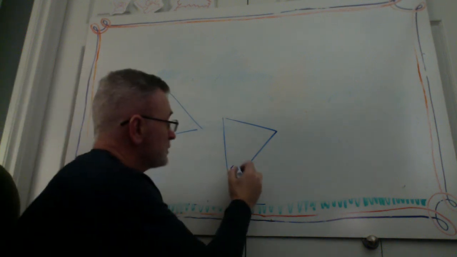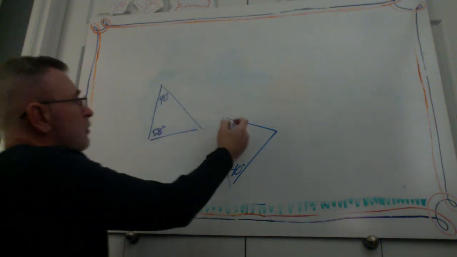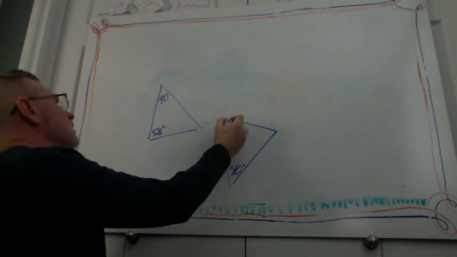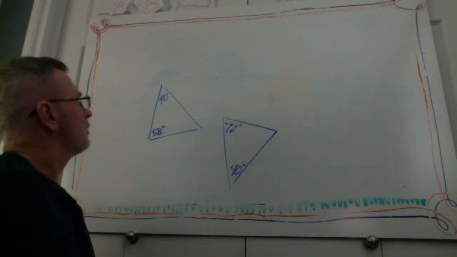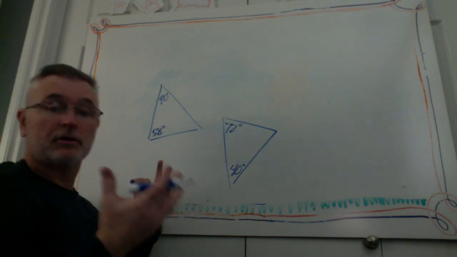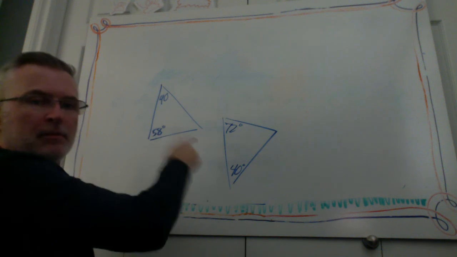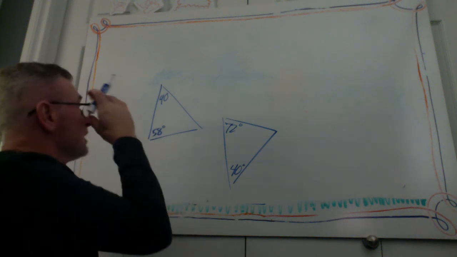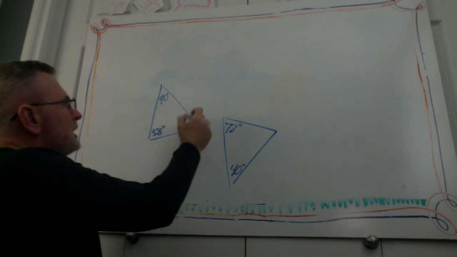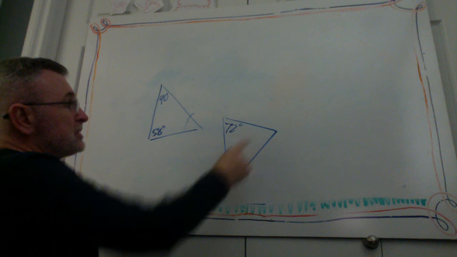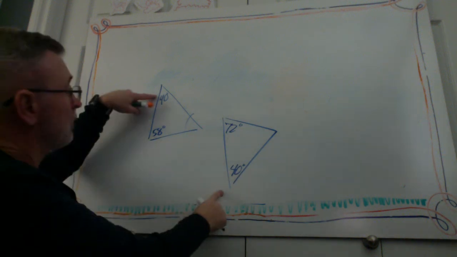And then you know that this one's 40 degrees, and this one over here is, oh, let's make it 72. And we want to know, are these congruent to each other? Well, we need to figure out what that third angle might be, and if this angle matches that one, they're the same, because then they'll share at least two. But right now they only share one angle.